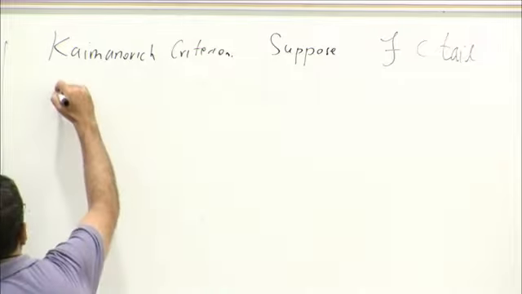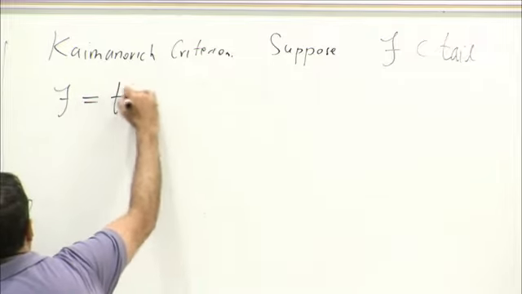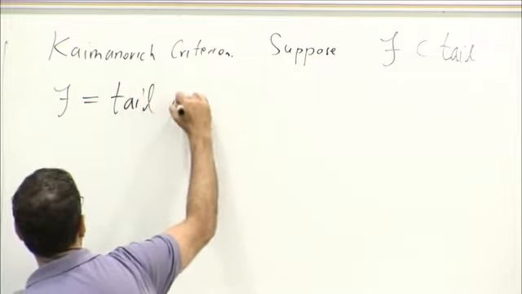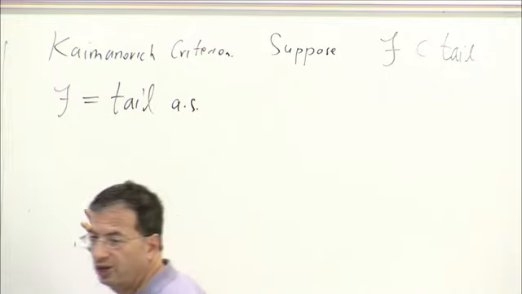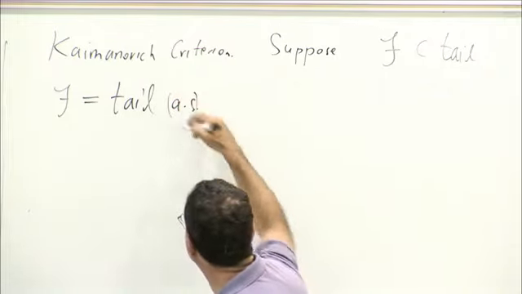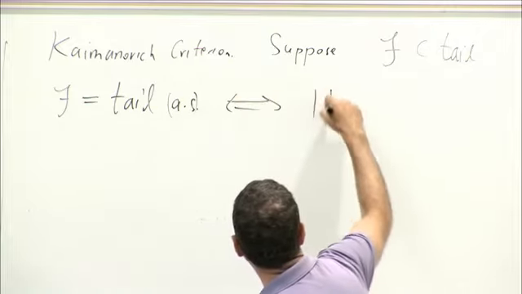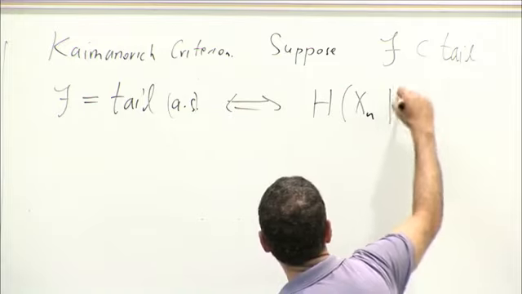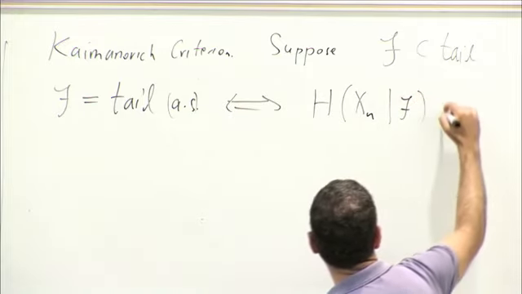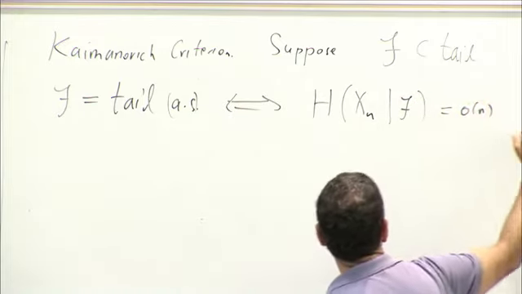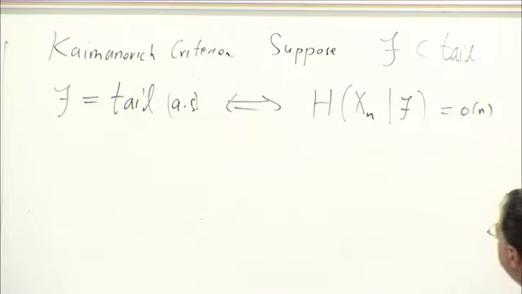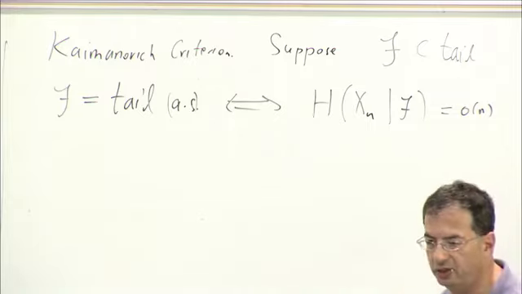So F equals the tail, again almost surely, so modulo sets of measure 0, if and only if the entropy of the walk given F is sublinear. Just like we saw that the tail is trivial if the entropy of X_n is sublinear.